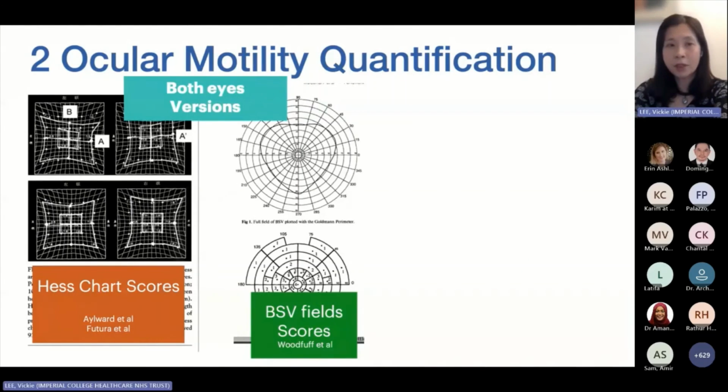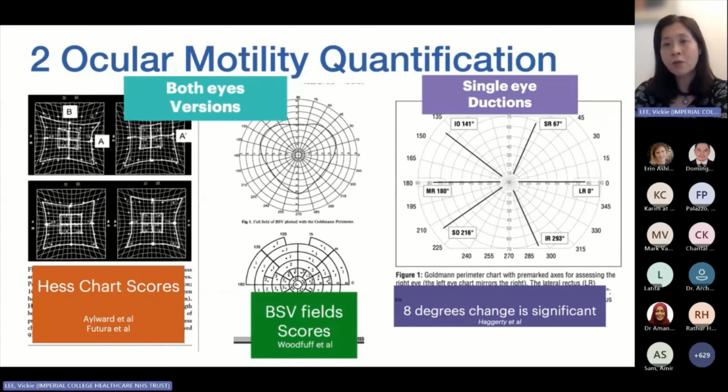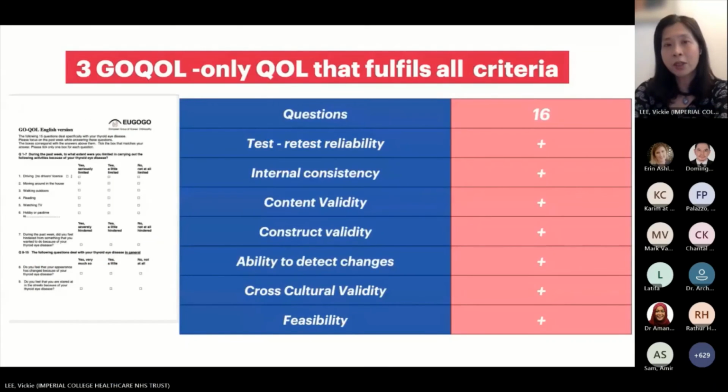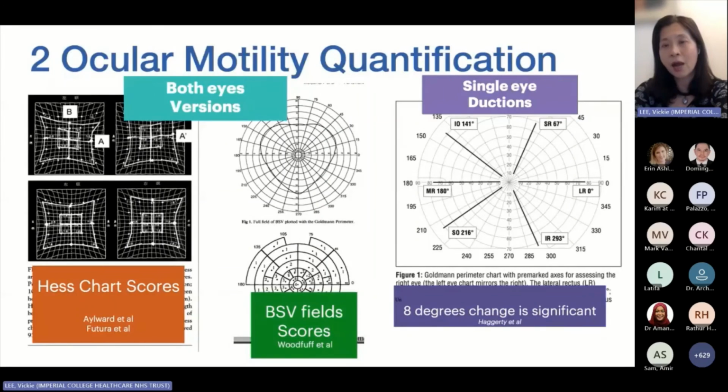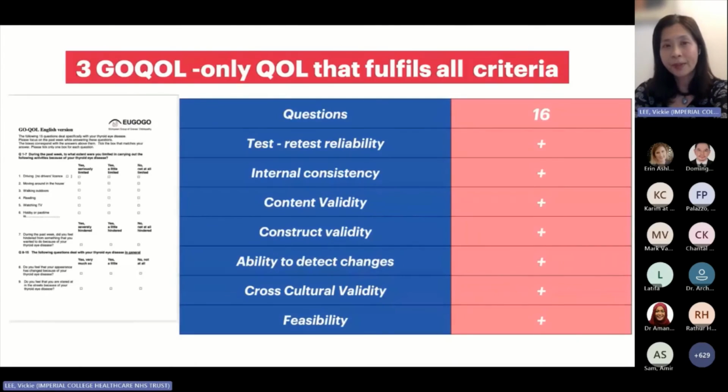The second measurement is that we know that thyroid eye disease can affect eye movements and enlarge the extraocular muscles. So using objective scores, testing for double vision, as well as the movement of each single muscle, can help us monitor the effect of treatment and also detect progression of the disease.